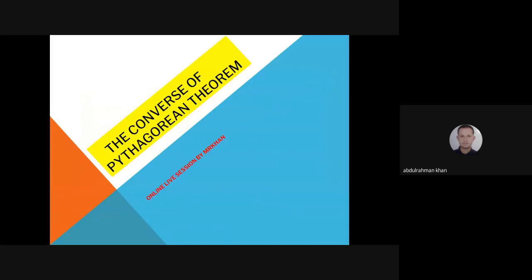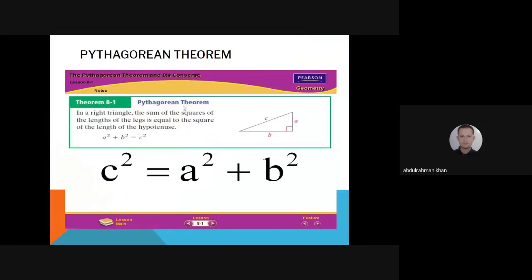Today we will start the converse of the Pythagorean theorem. First of all, the Pythagorean theorem, as we discussed in the previous lesson: if we have a right triangle, the sum of the squares of the lengths of the legs is equal to the square of the length of the hypotenuse. It will be equal to the hypotenuse square, c square.